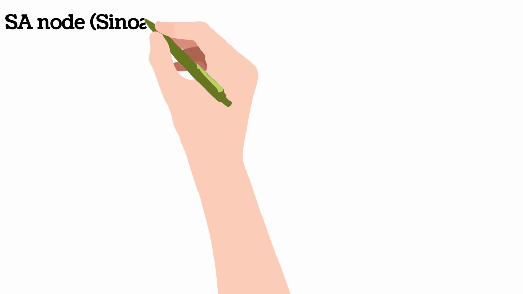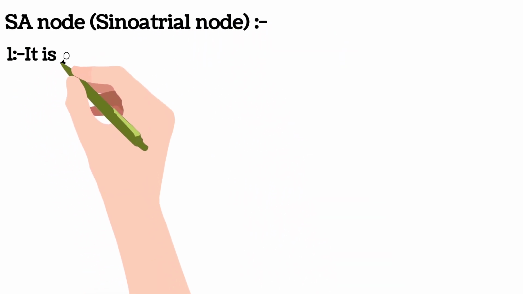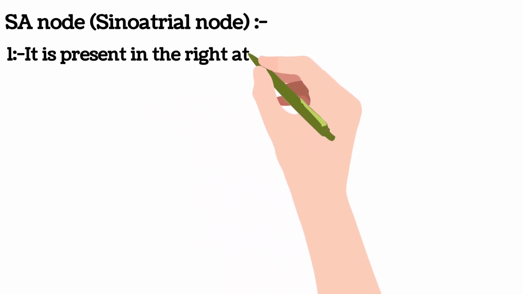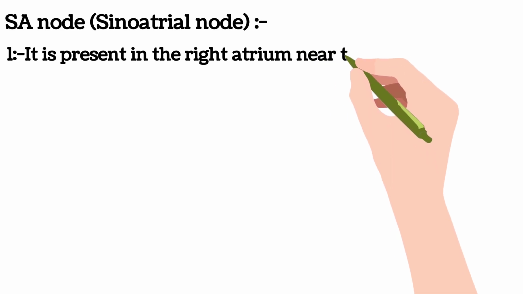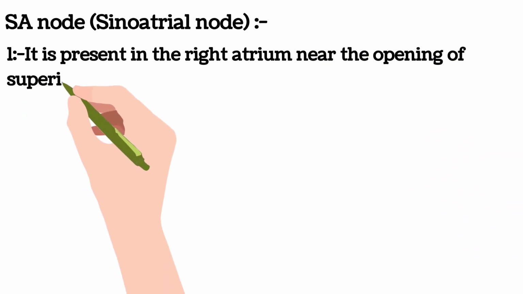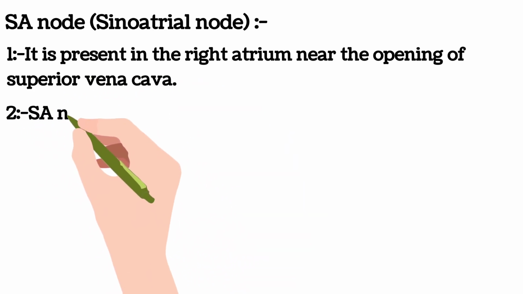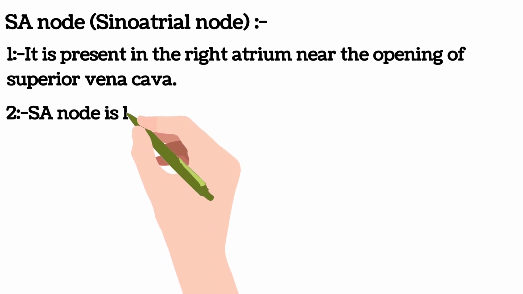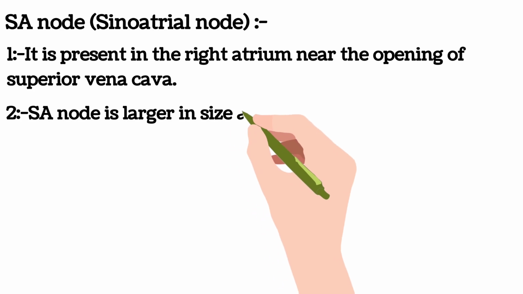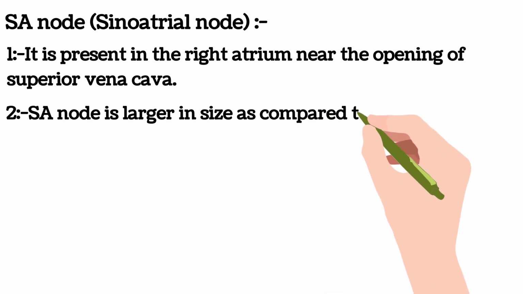The SA node is also called the sinoatrial node. The first point is that it is present in the right atrium near the opening of the superior vena cava. The sinoatrial node is larger in size as compared to the AV node, the atrioventricular node.